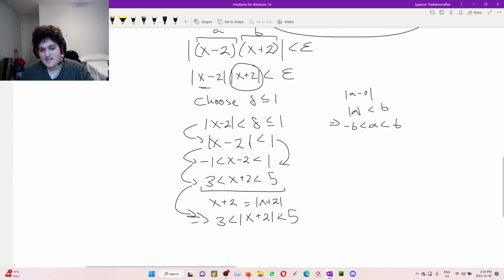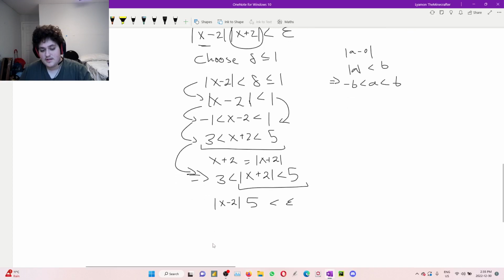So we want to find something that's bigger than x plus 2, which is the 5. The reason why we want to do that is because we want to ensure that epsilon is greater than this, right? And we can do that by saying that, well, if epsilon is greater than x minus 2 times 5, then it must also be greater than x minus 2 times x plus 2, because 5 is bigger than x plus 2, right?